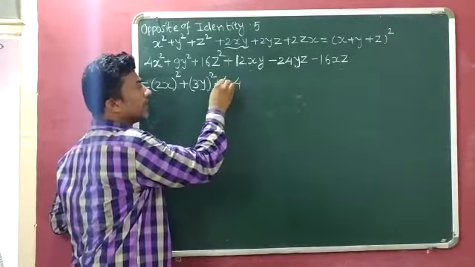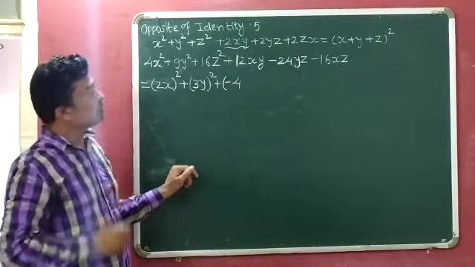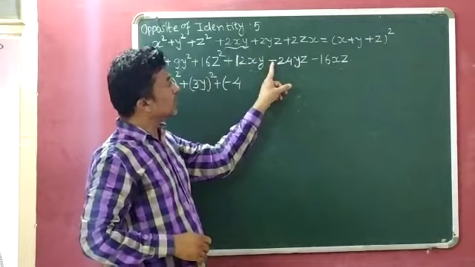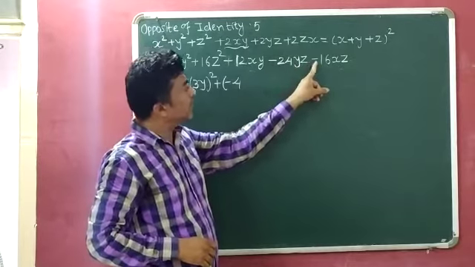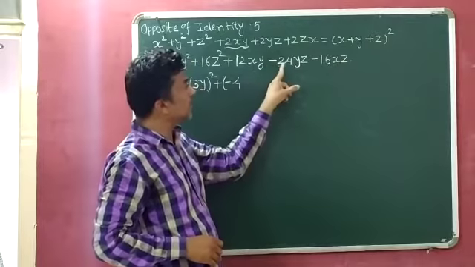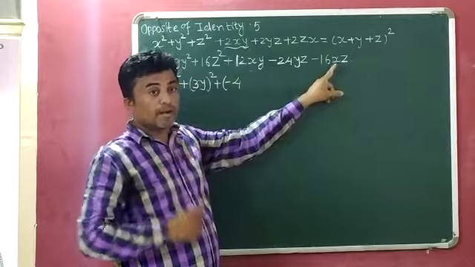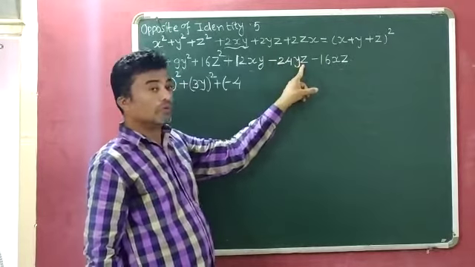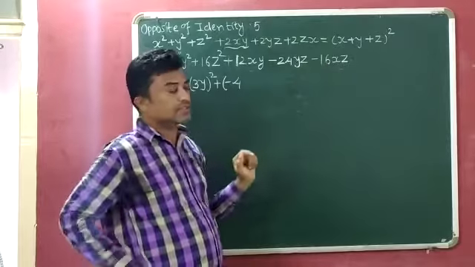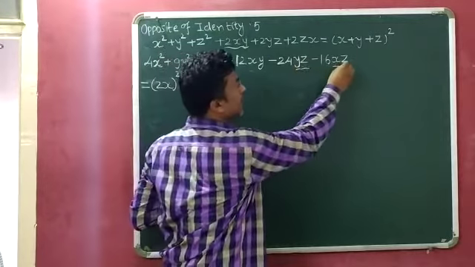4. But here we can write minus 4. Why can we write minus 4 here? So see children, in the question the minus sign is available with 24yz and 16xz. See, minus 24yz minus 16xz. So the minus sign is available with yz and xz.